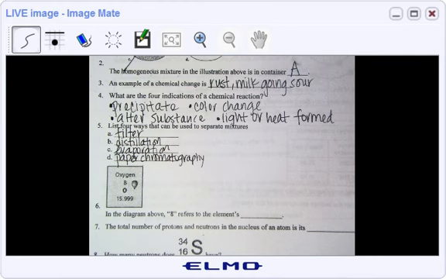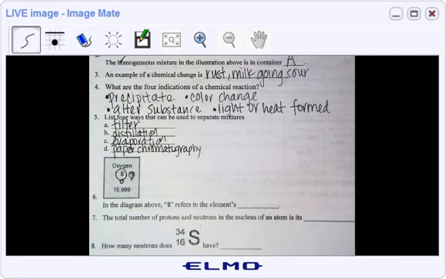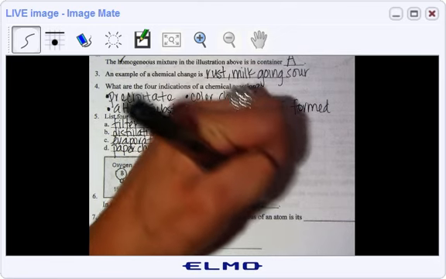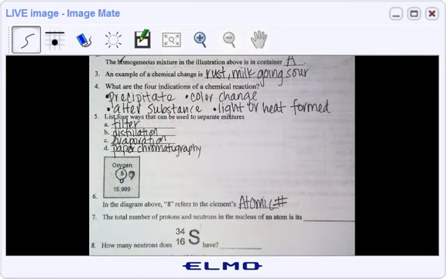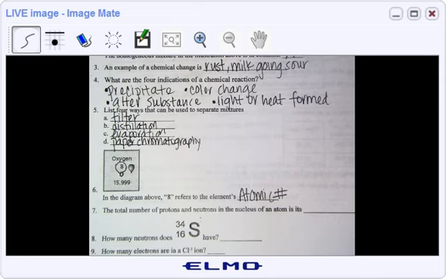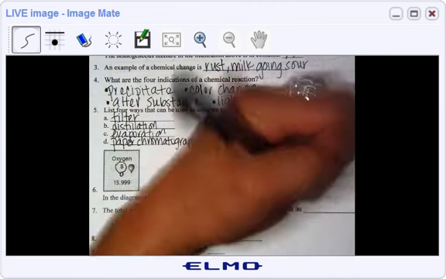Number 6, in the diagram above, what does number 8 refer to? It's going to be the atomic number. Number 7, the total number of protons and neutrons in the nucleus of an atom is the mass number.